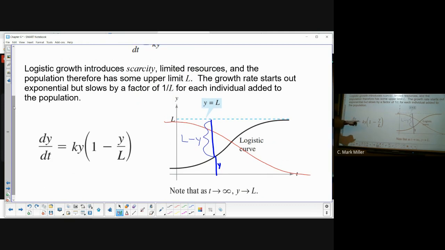And so if the whole system will support L rabbits, that means every rabbit that goes in will reduce the growth rate by 1 over L. Is there a point where it stabilizes? Yeah, actually, this is the upper threshold right here, an equilibrium. That's a very good question. And in real life, that's where a lot of times you're interested in. Where will the equilibrium occur?